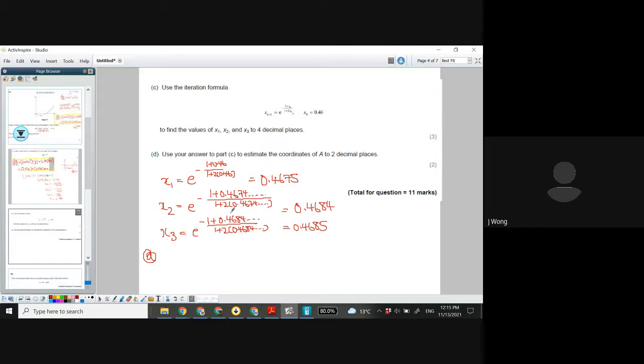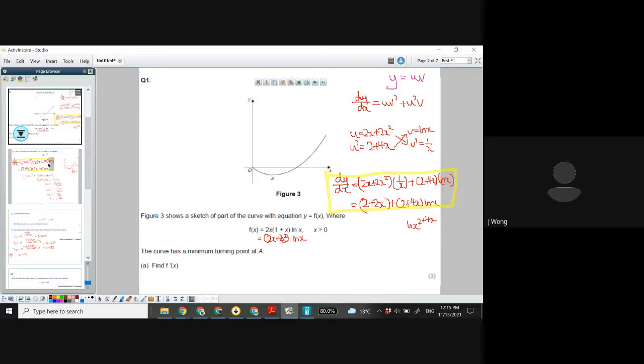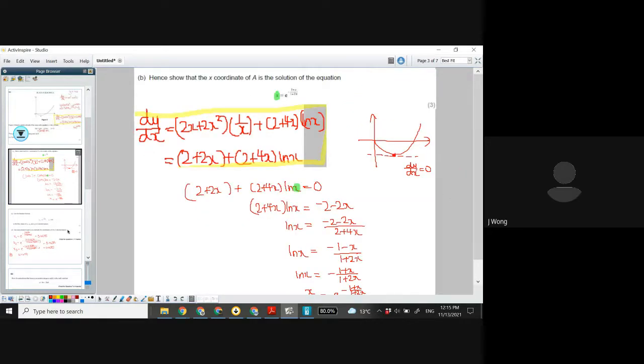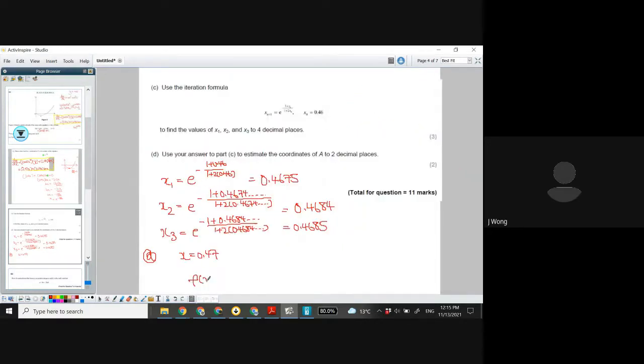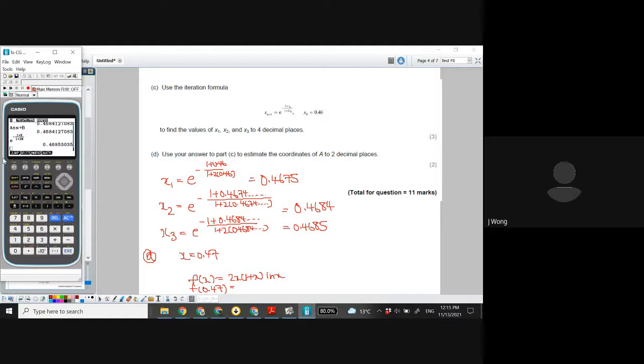So you will just say the x is 0.47. So we're just going to use it to find the y. f of x was 2x bracket 1 plus x ln x. So you're just going to sub in 0.47. So don't use 0.4685.